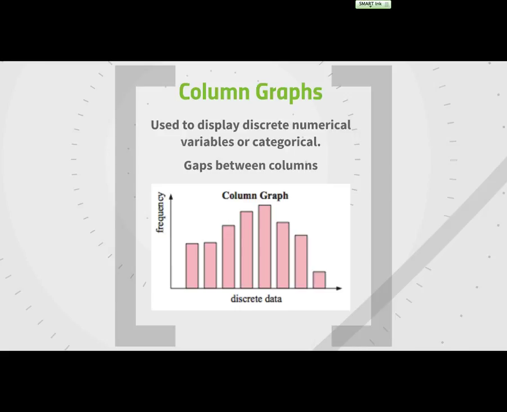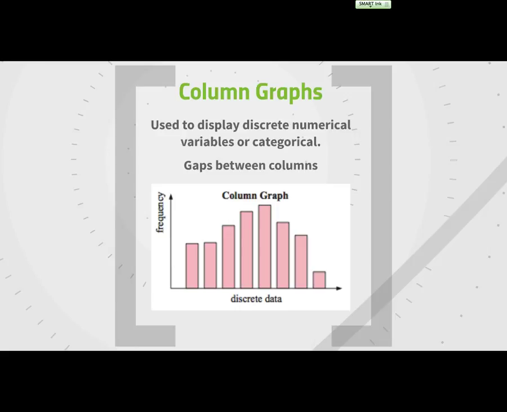So the deal with column graphs is that they're used to display either discrete numerical variables or categorical ones. So not continuous information, just certain numbers, like how many dollars you have. You have $1 or $2, you don't have $1.50, so it has to be discrete. Or categories, like those music genres we could have down here.